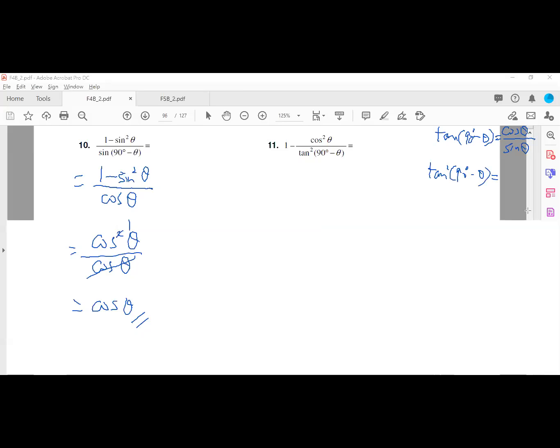So everything is squared. It becomes cosine square theta over sine square theta.